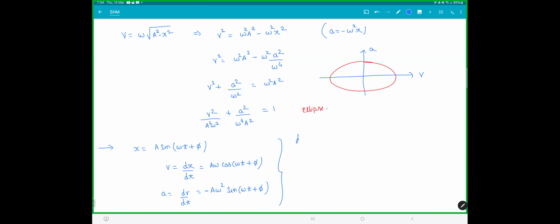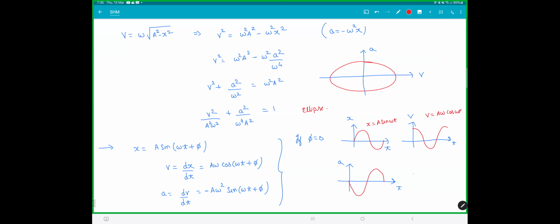Now for all these graphs, if you take phi is equal to 0, and if you try to plot a graph, xt graph, so these are the graphs with respect to time. So if you put phi 0, xt graph will be a sine function. Vt graph will be a cos function. This will be a minus sine function.